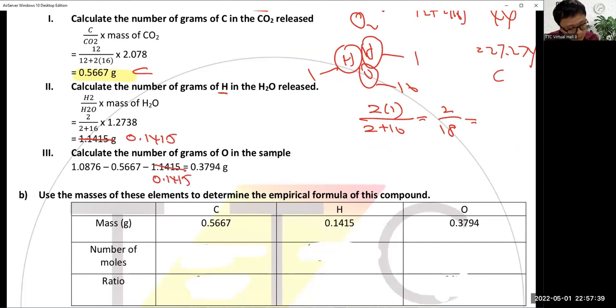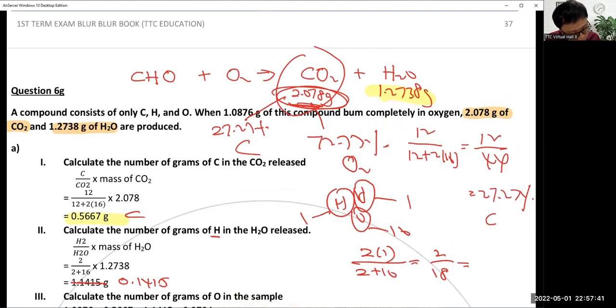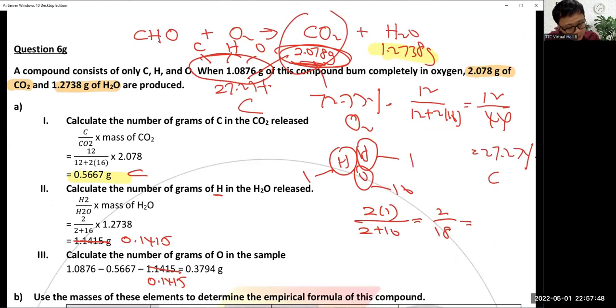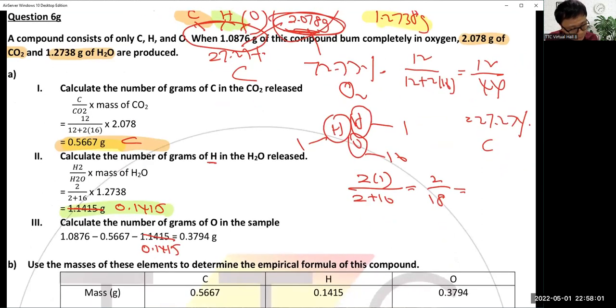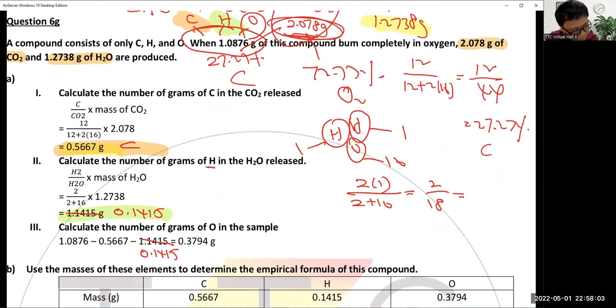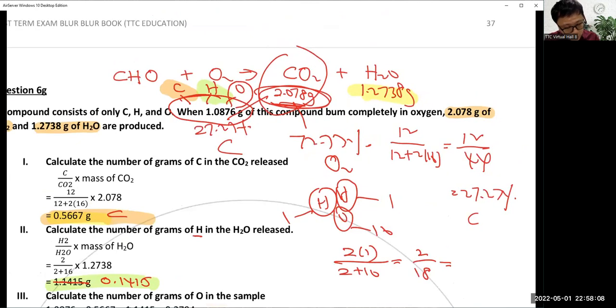Then I will minus off. You see, this gram inside has carbon, hydrogen, and oxygen. So now we found that the carbon is this much, and my hydrogen is this much. So the remaining mass will be my oxygen. So I will minus off to get my oxygen mass.